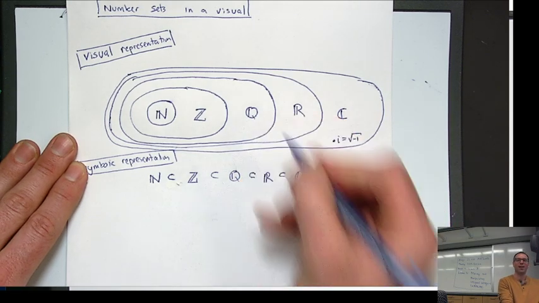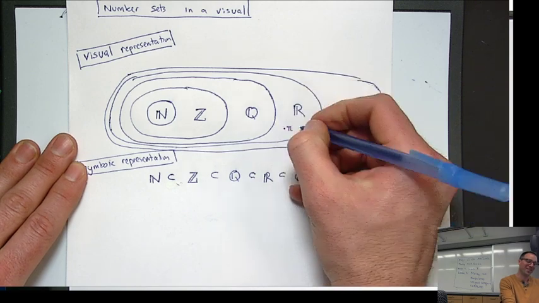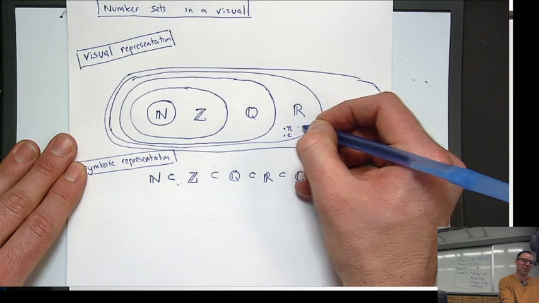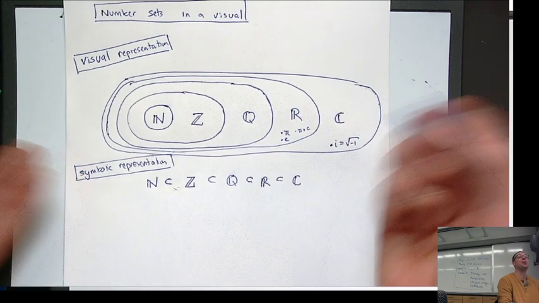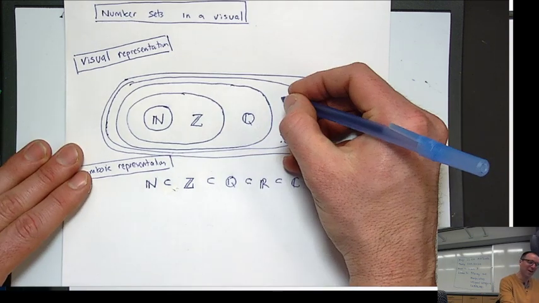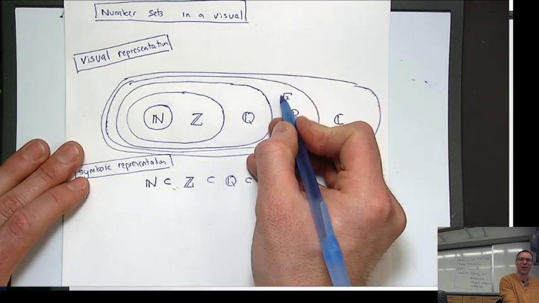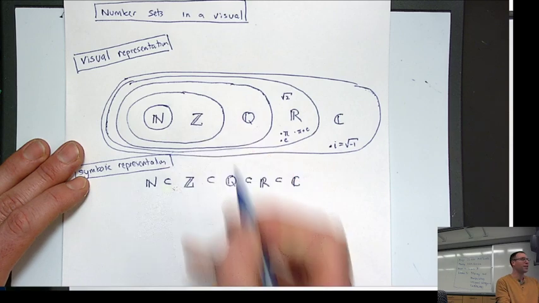What's in the real and not in the rational? Pi is a really fun one. E is another fun one. Should we do something crazy? E plus pi. Stop. Pi squared. Square root of 2. Yeah, okay, stop. This is what we call transcendental, by the way. Rational, what's in the rational that's not in the integers?